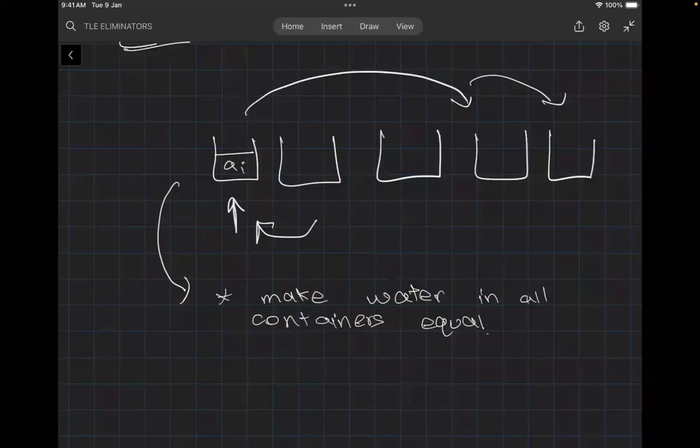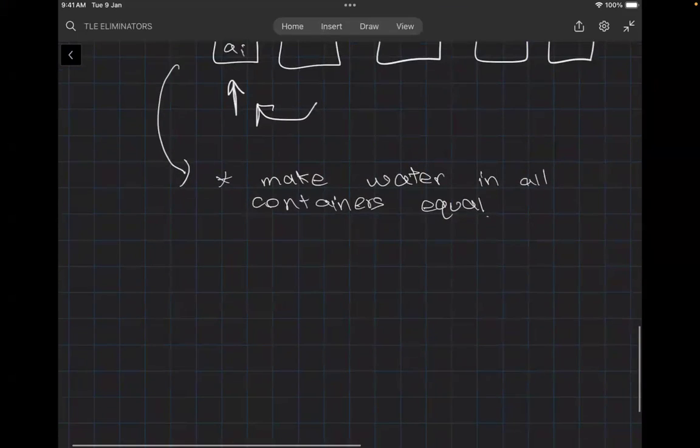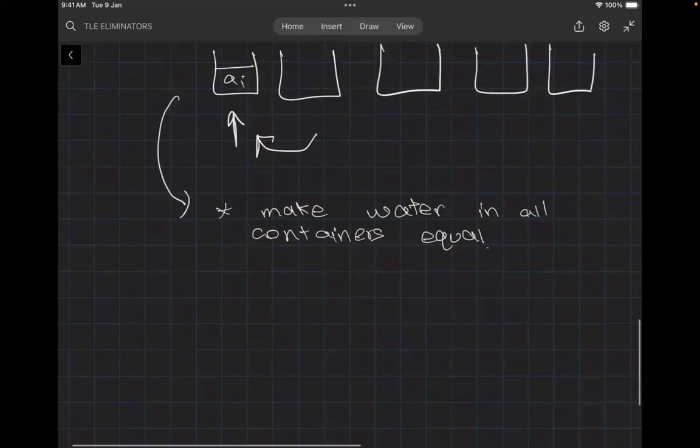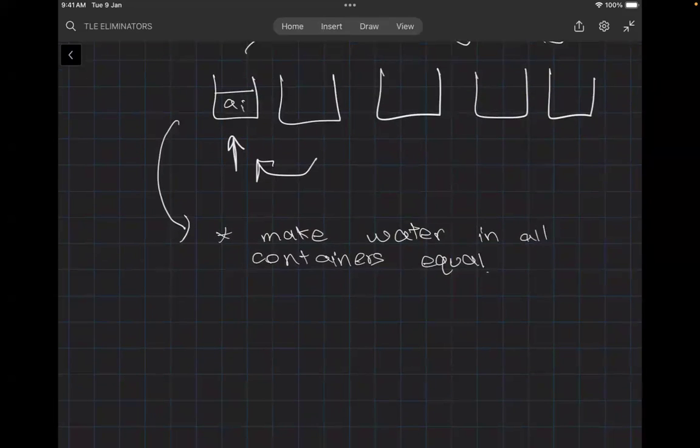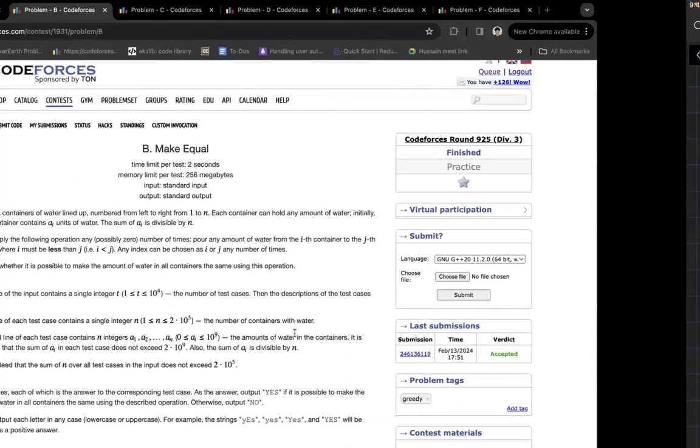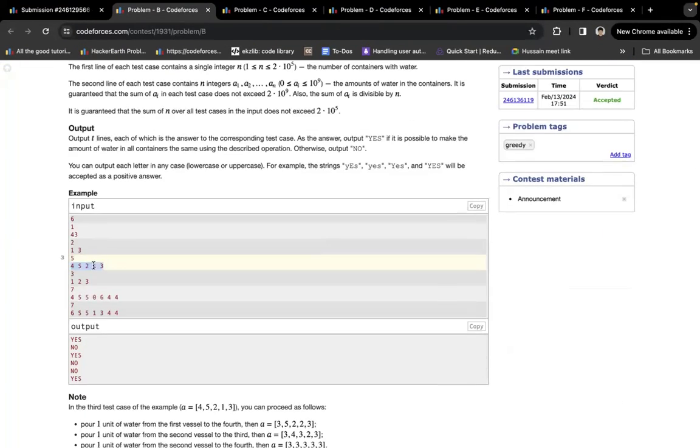The first thing that comes to mind is, what is the meaning of sum of Ai divisible by n? Basically the sum of the array is divisible by the number of containers.